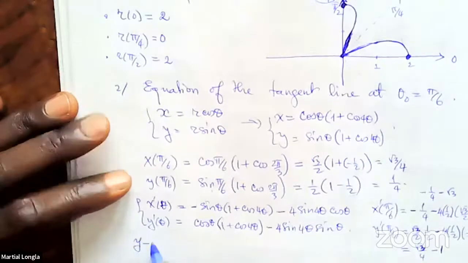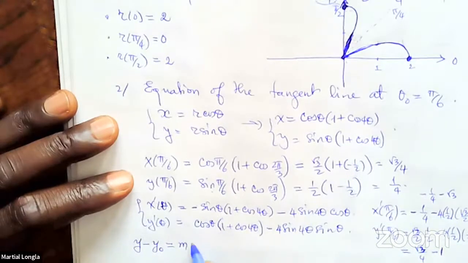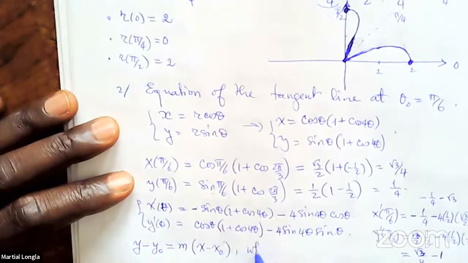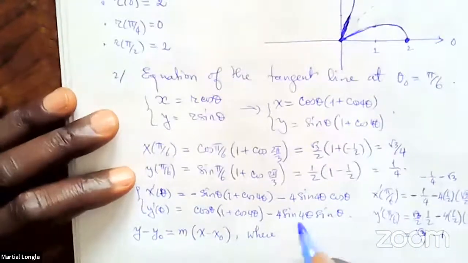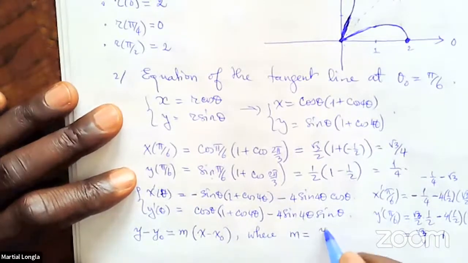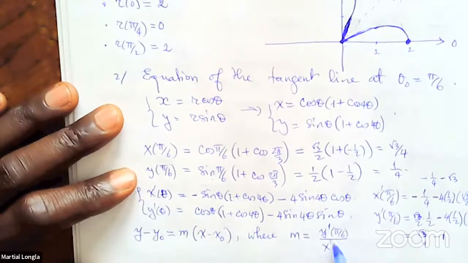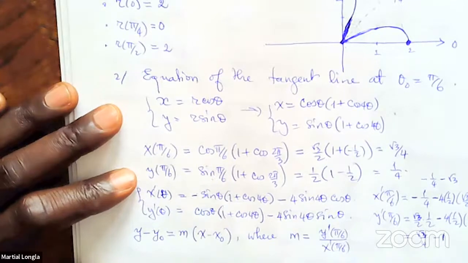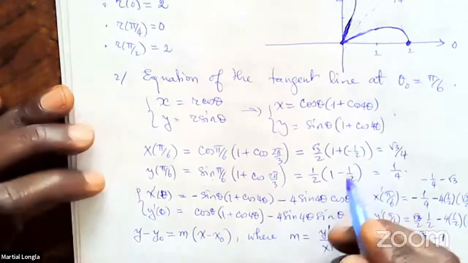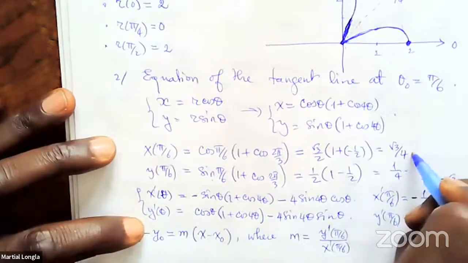It's y minus y0 equals m times x minus x0, where m, the slope, is equal to y prime of pi over 6 divided by x prime of pi over 6. y0 is the value of the function and x0 is the value of x.